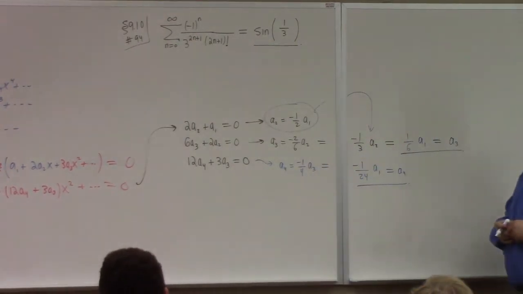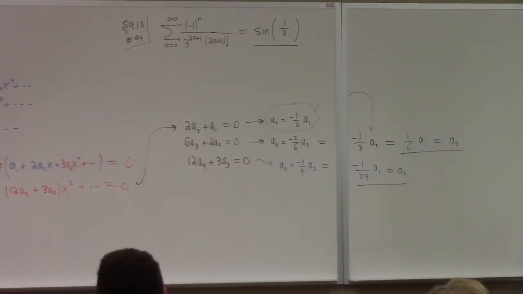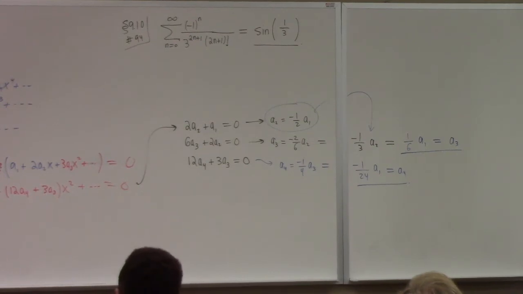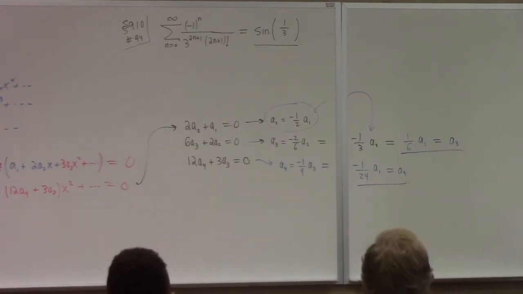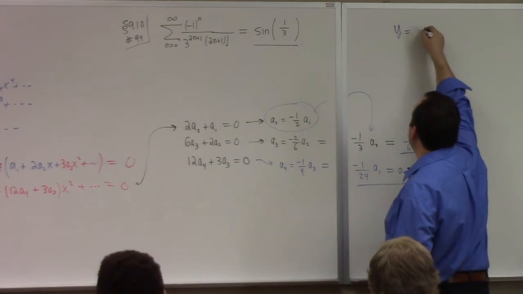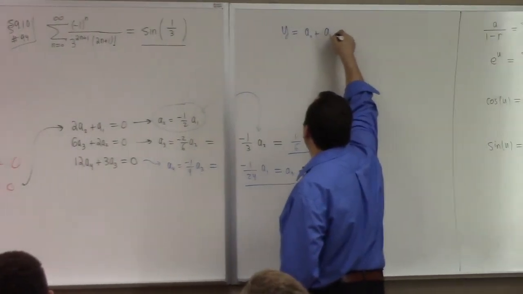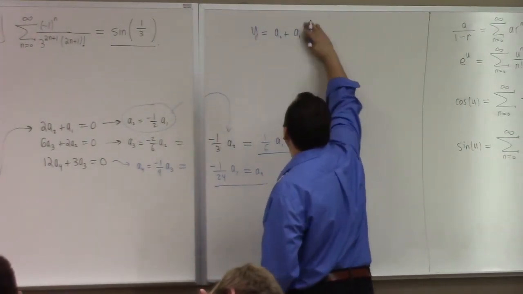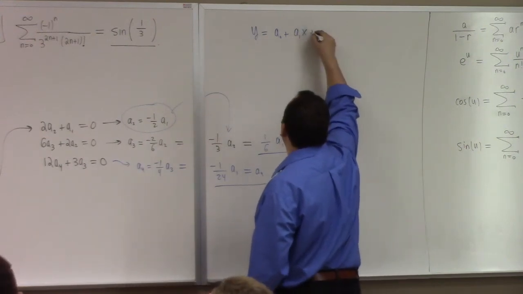So apparently, all of the coefficients in our solution from 2 and higher are tied to the first coefficient, right? What's the condition on a sub naught? No condition, right? Does that make sense? Well, it does make sense because our solution looks like this. It's a sub naught plus a sub 1 times x plus, what's a sub 2?